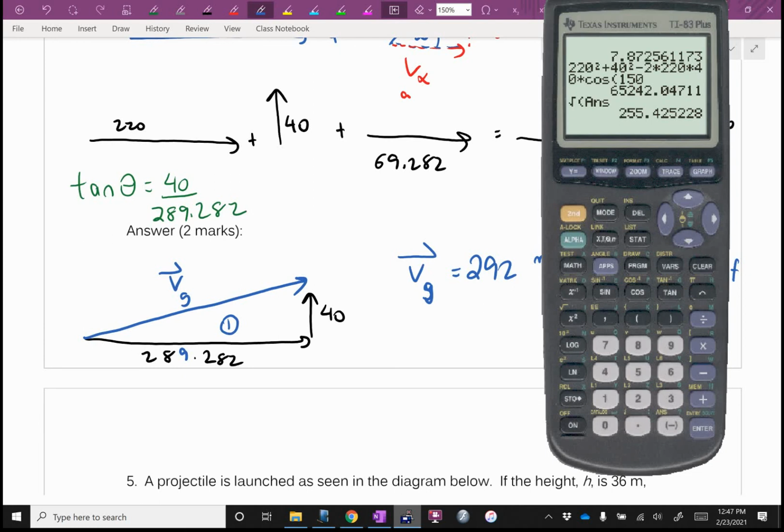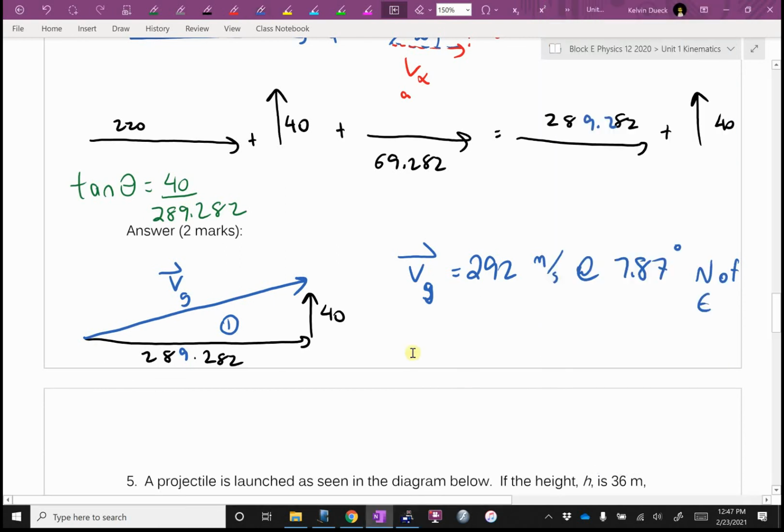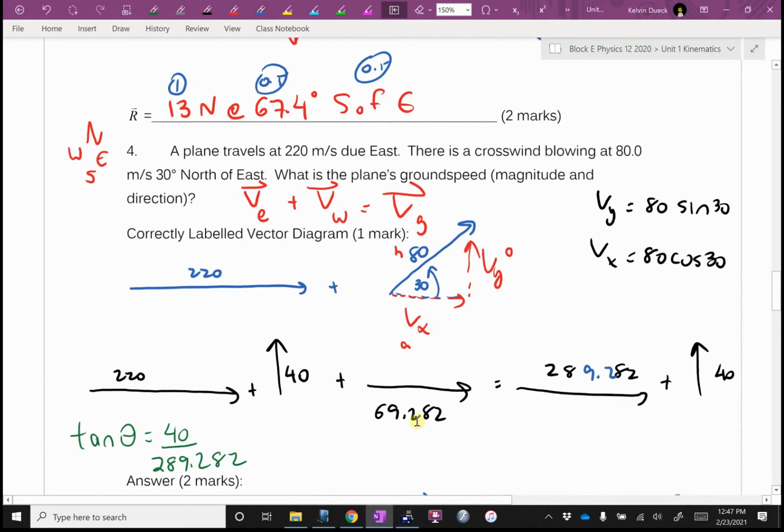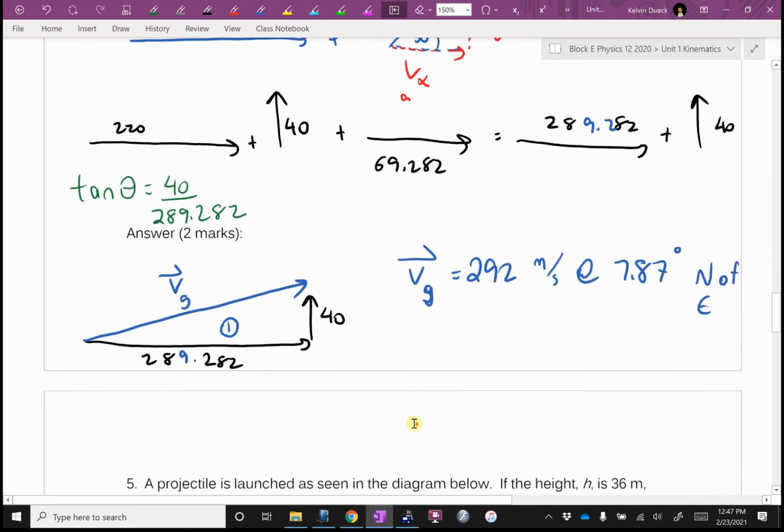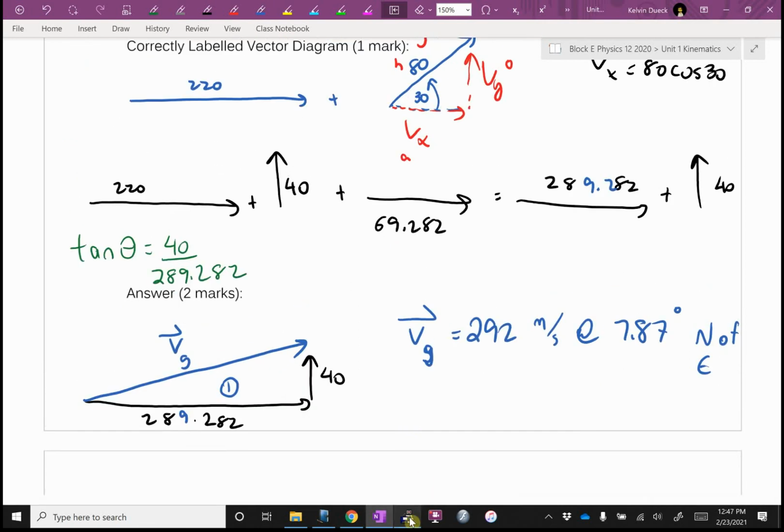Mr. Duick, did you do something wonky here? Should have been 292. 2 times 220 times 40. Did I do it wrong? 80. 80, Mr. Duick. 80. Thank you.